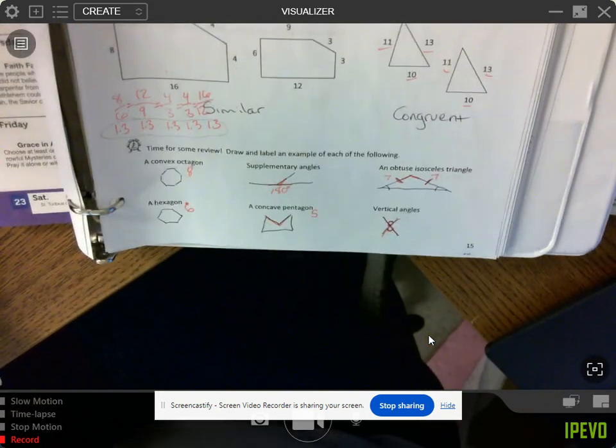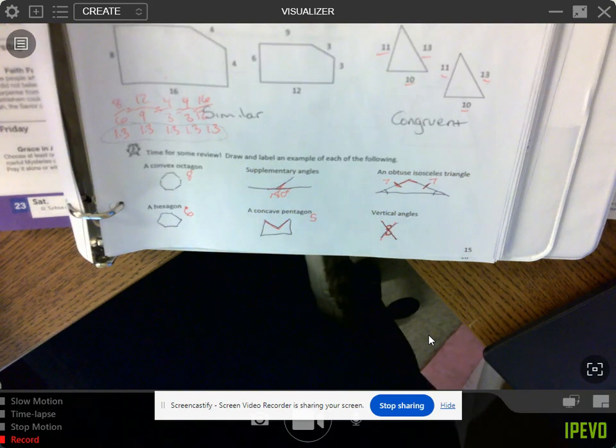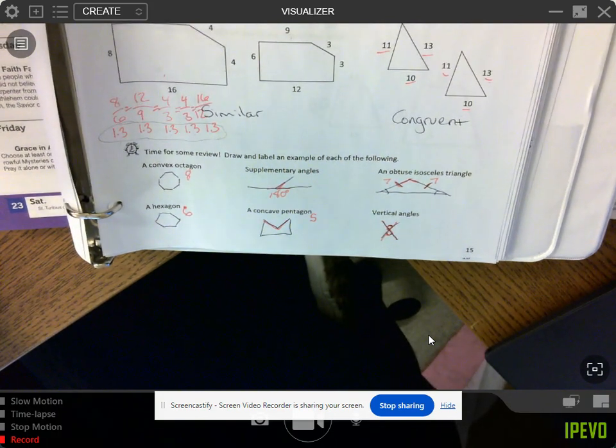Remember, this is our last objective before the test. So these reviews are very important. We have practice tests on Wednesday, real tests on Thursday. I am after school on Wednesday if people want to stay after. I had a couple of students, when I was walking around, say, I'm a little worried about this test. Stay after school Wednesday.